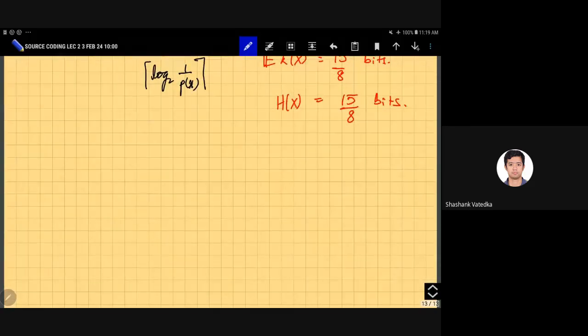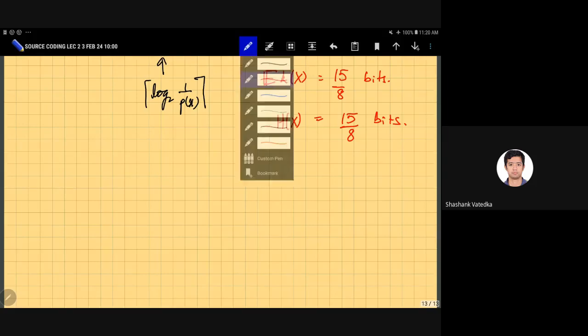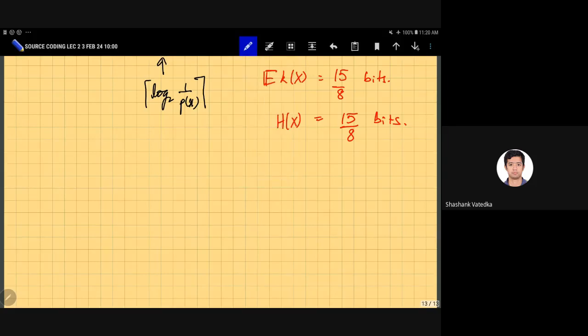Okay, so this is great. We've got something that gets very close to entropy, but in case the probability mass function is not dyadic, then this is not a good code. So let's take an extreme situation where I have three symbols, A, B, and C. And let's say the probability of A is 0.5.